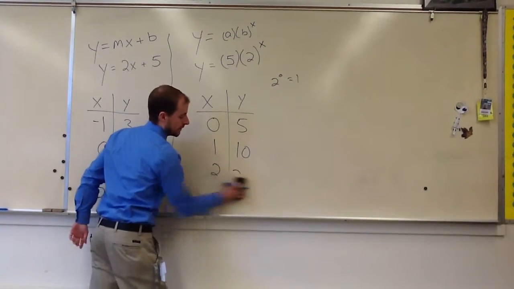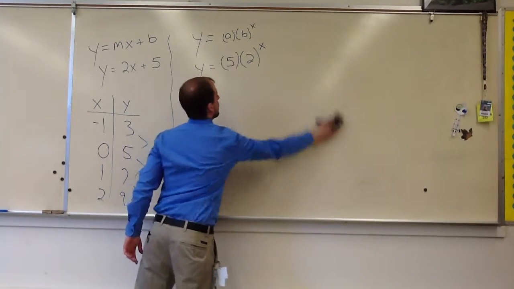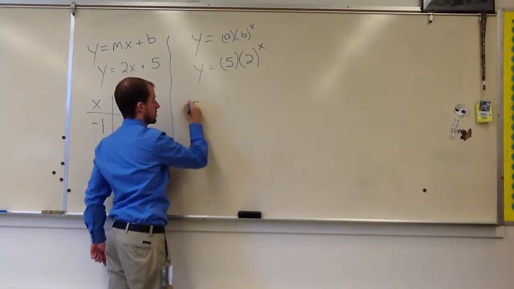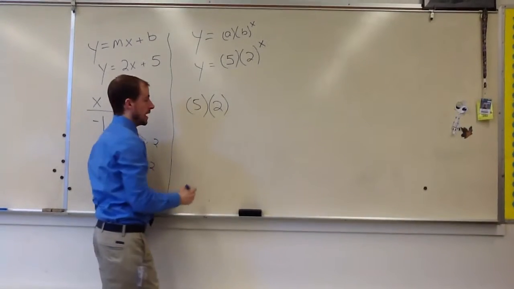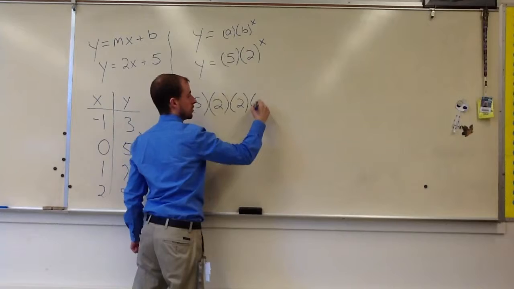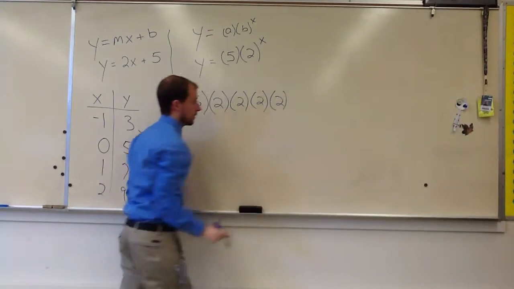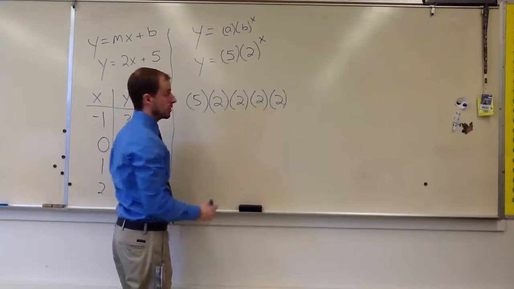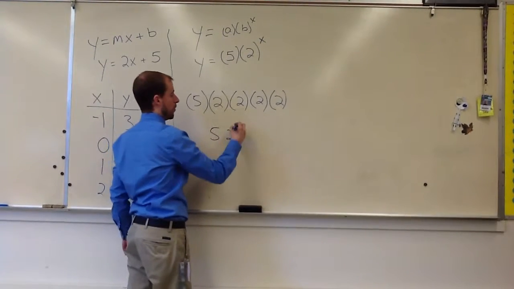And the reason that is, behind the scenes, is for this reason. If I take 5 and I multiply times 2, and then I multiply times 2 again, and then again, and then again, that would be 5 times 2 times 2 times 2 times 2, which is the equivalent of 5 times 2 to the power of 4, right?